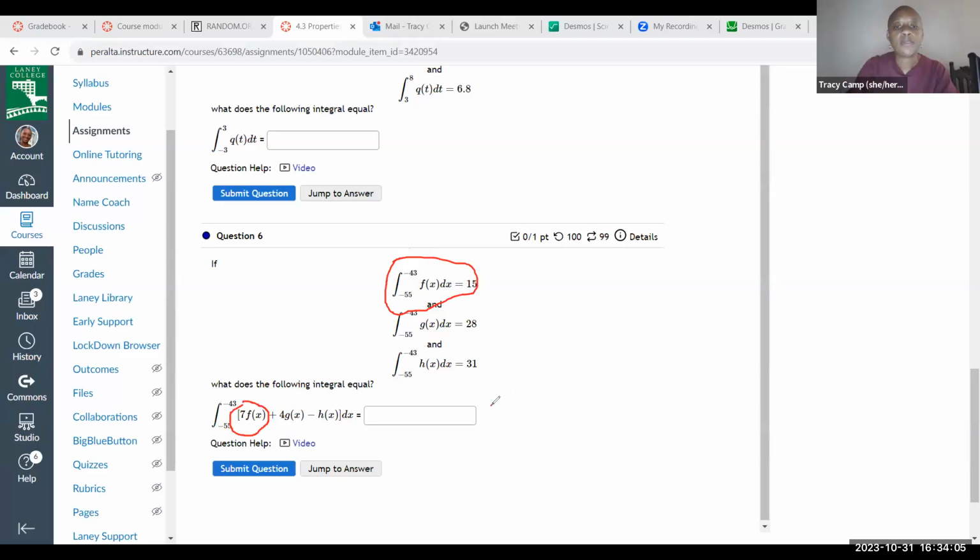I will start off with a 7. So notice there's a 7 in front of my f of x. So you just bring that 7 along, and this will be times the 15 that my f of x's definite integral is.